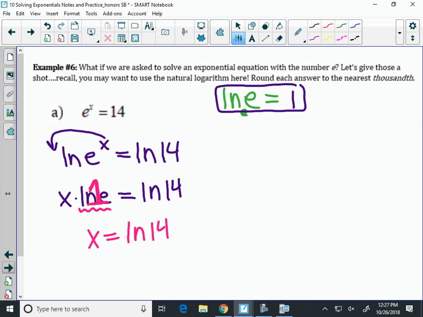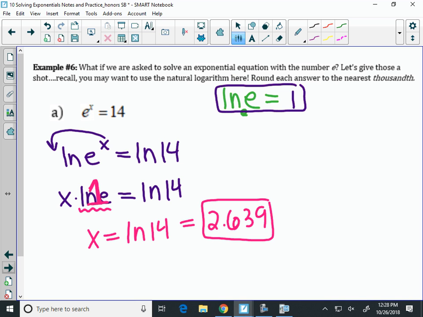So you can skip right to typing natural log of 14 into your calculator. What do you get when you type the natural log of 14 into your calculator? 2.693. Sorry. That is what I had on my paper, and I reversed the two numbers.